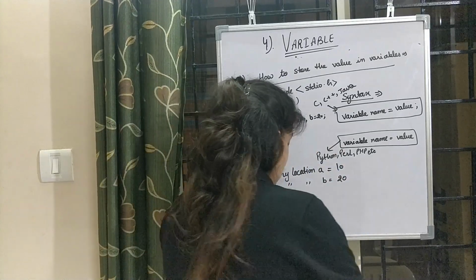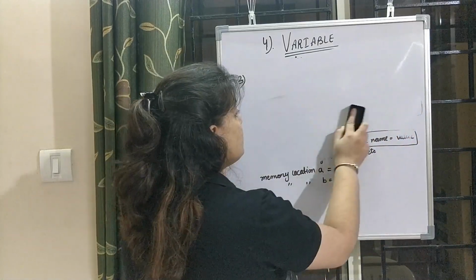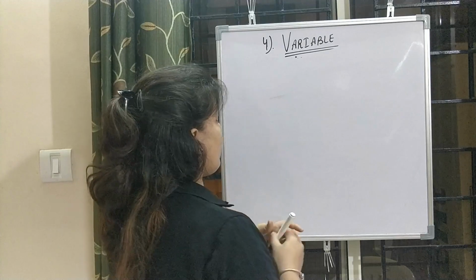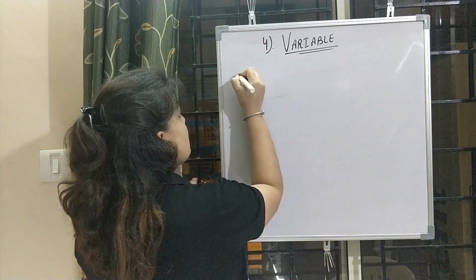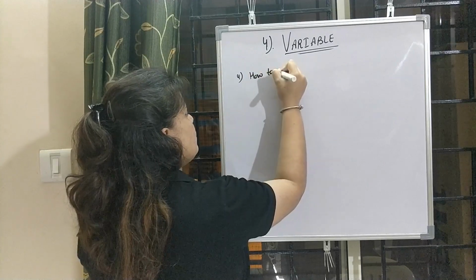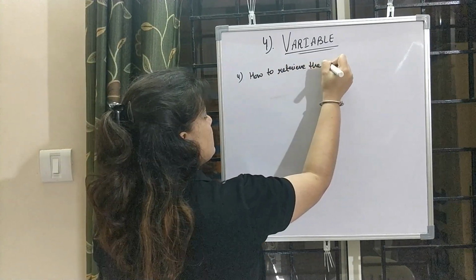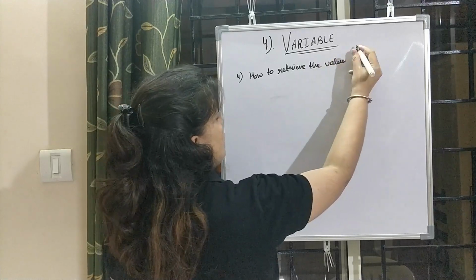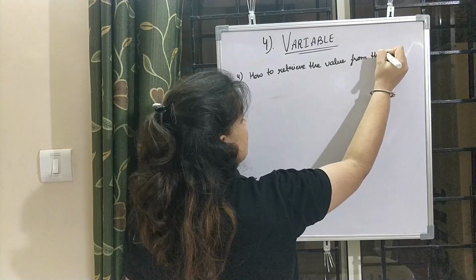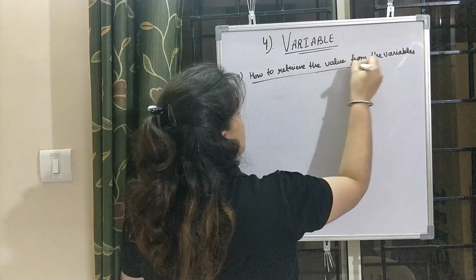Now after this, the third point is how to retrieve the values from the variables, or how to print the values from the variables. The fourth point is how to retrieve the stored values from the variables.